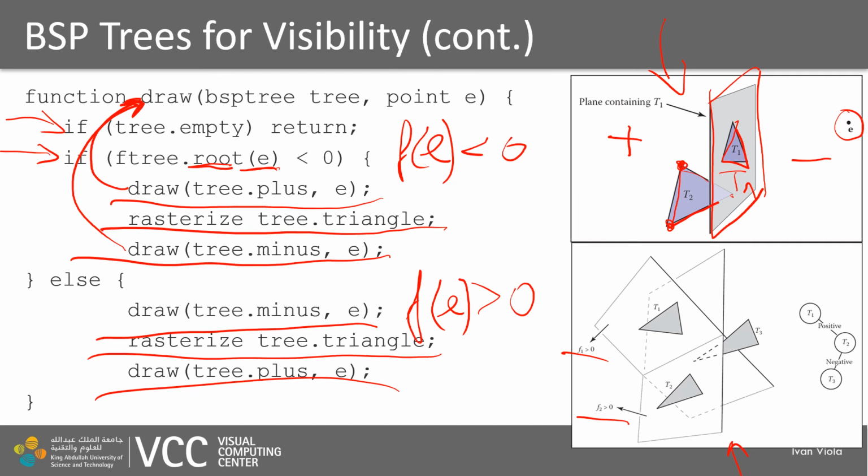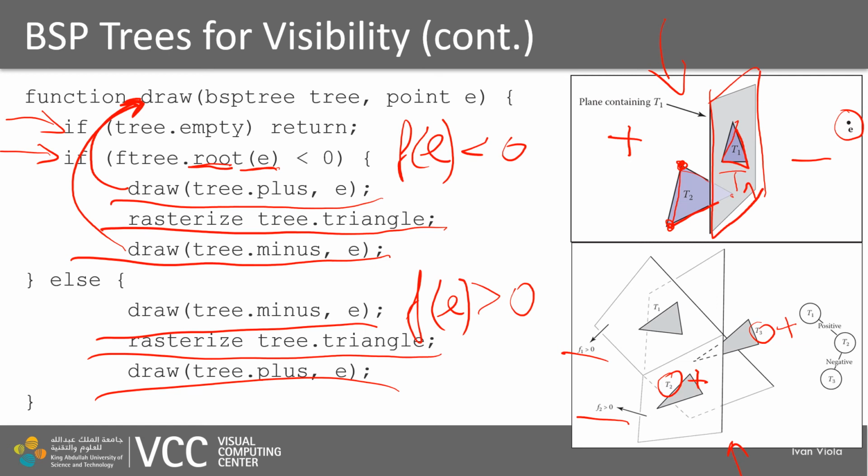Well, our T1 is the first which has been selected for the partitioning, and for that one, both the T2 and T3 are on the positive side of the T1. So they are not behind the plane, they are in front of this plane.